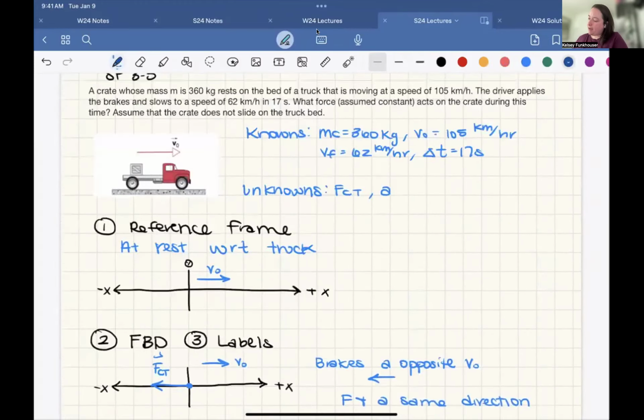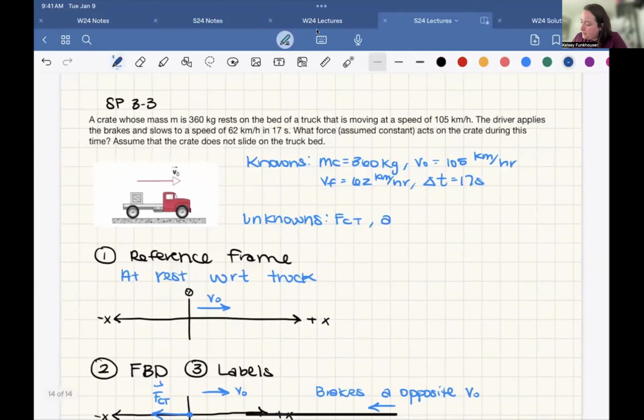Because if we go back up here, we have velocity in kilometers per hour and time in seconds. And one other thing to think about, the units of force are kilograms times meters per second squared. So we want to keep things in seconds or convert them to seconds.